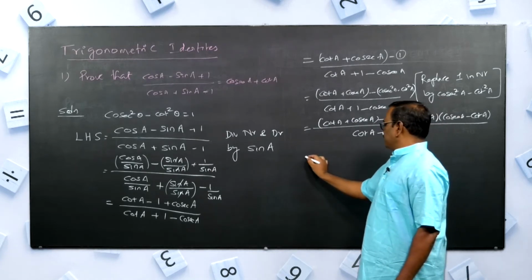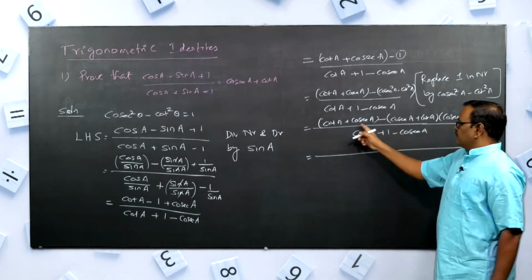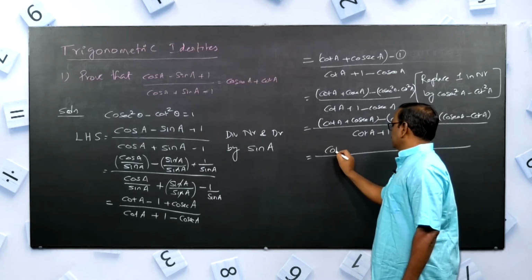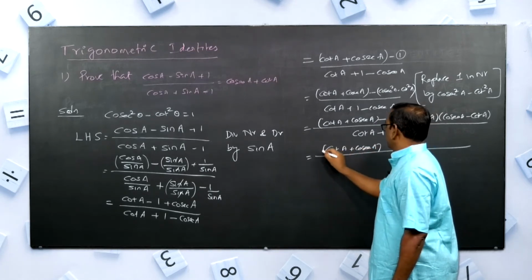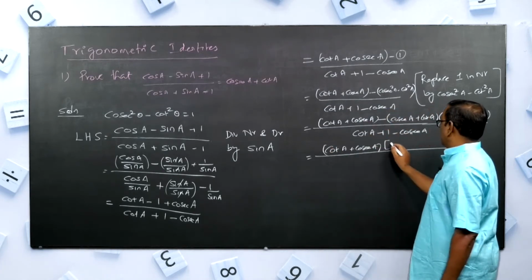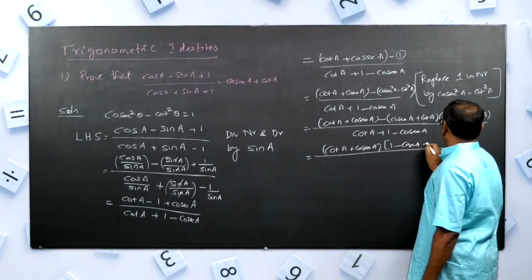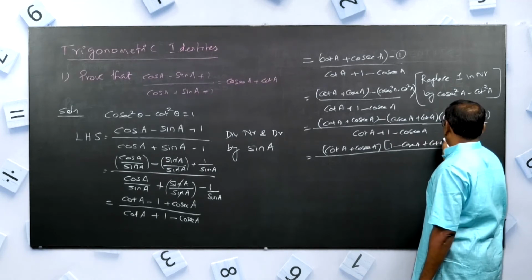So what is the next step? The next step is to take the common factor from the numerator. If you take the common factor from the numerator, this is (cot A plus cosecant A) into (1 minus cosecant A plus cot A).